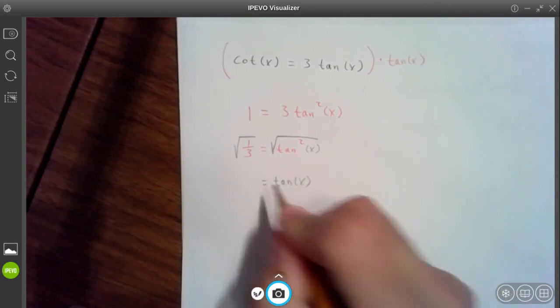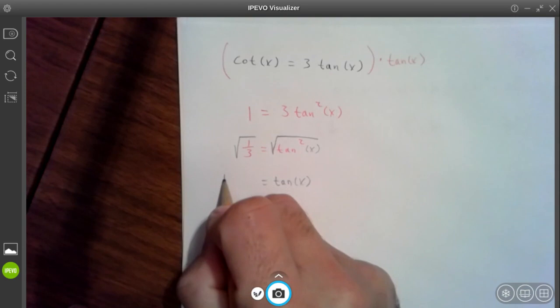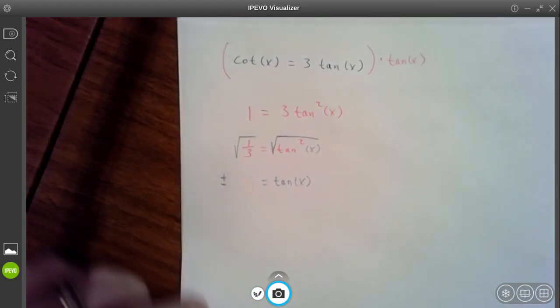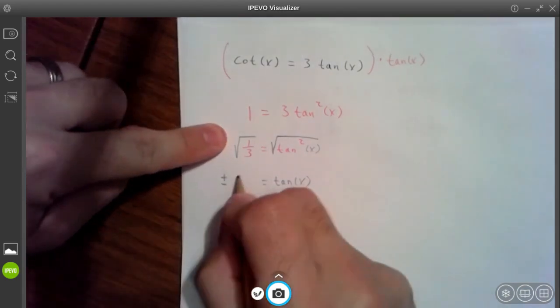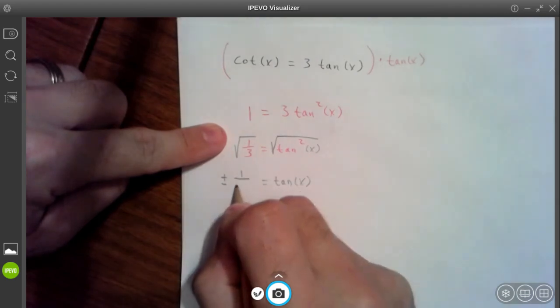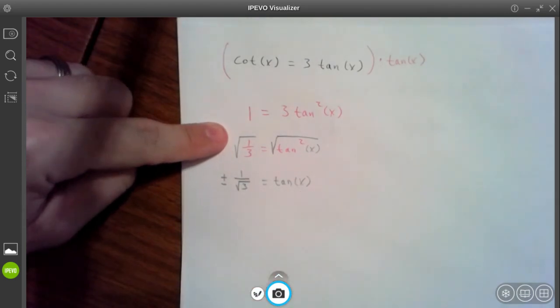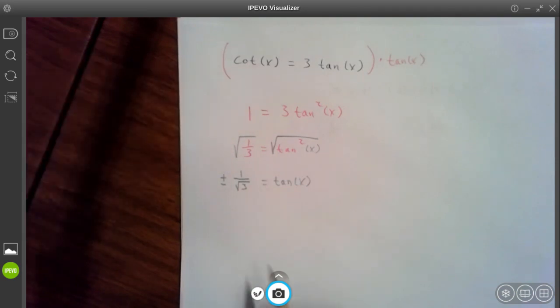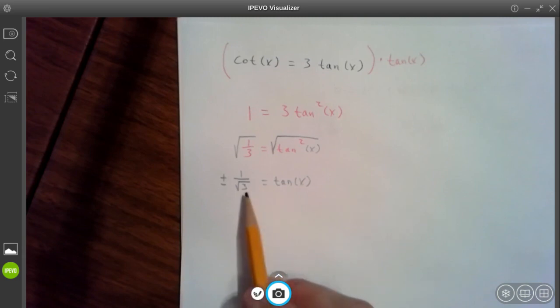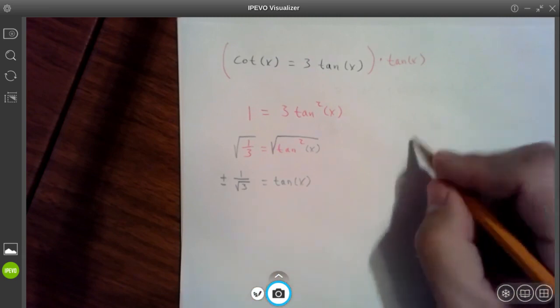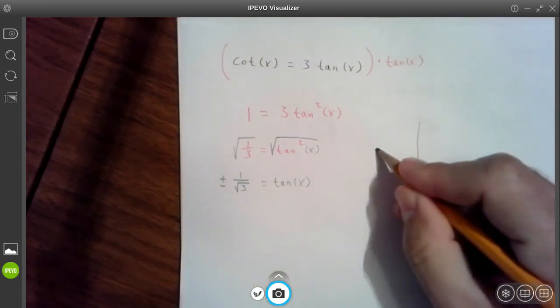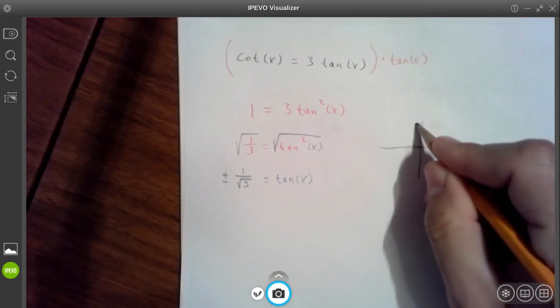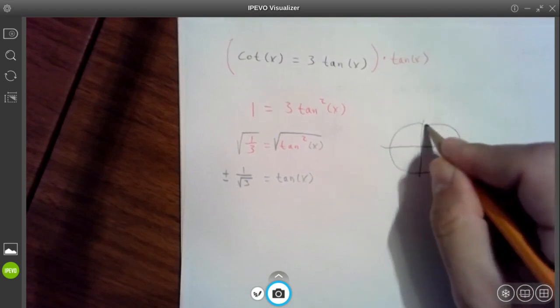So I'm going to get tangent of x is equal to plus or minus the square root of this, which is 1 over the square root of 3. You get the square root of 1 up top, square root of 3 in the bottom. If you want to rationalize the denominator, you can, but I don't need to. And this is one of our special trig values. Yay! So we don't have to use the inverse button on our calculator.